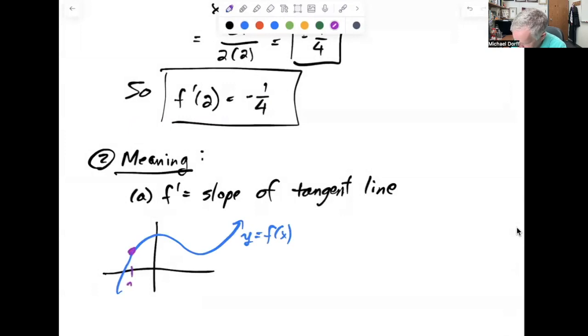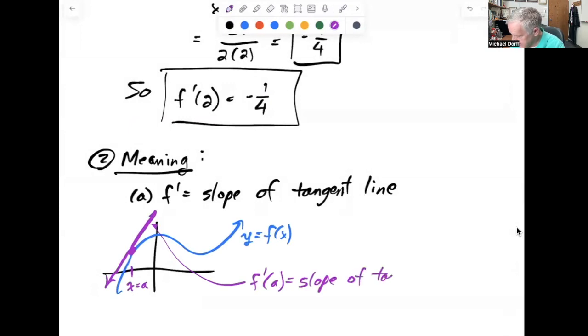There's my point x equals a. And I can look at the tangent line. The tangent line intersects the blue curve at one point, and the derivative, f prime at a, is going to equal the slope of this tangent line there.